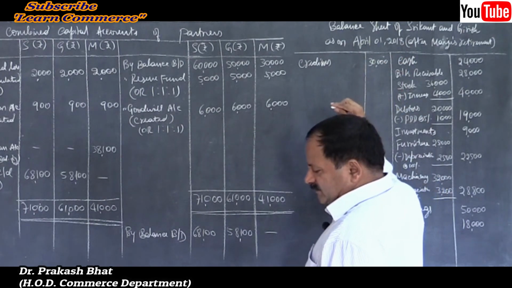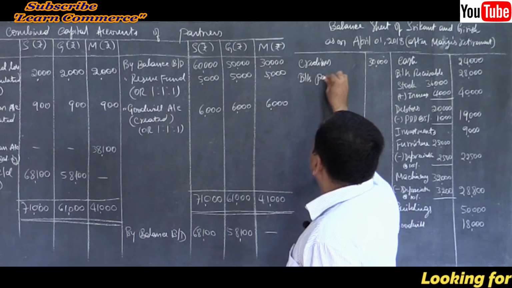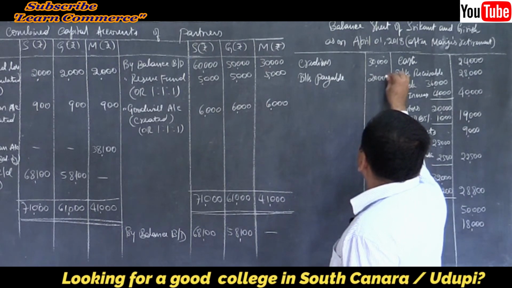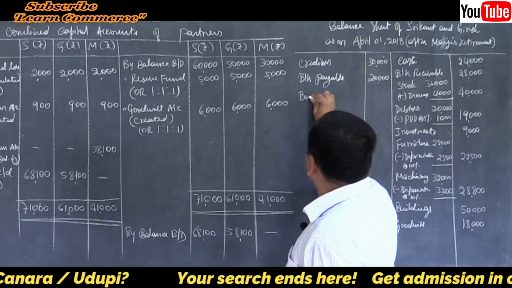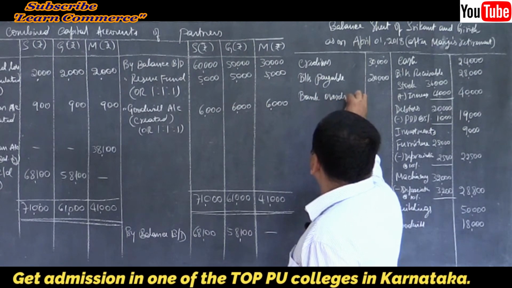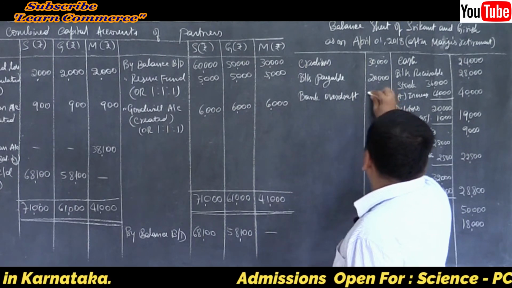Then bills payable is there, 20,000. No change. Then bank overdraft, no change, right as it is, 25,000.